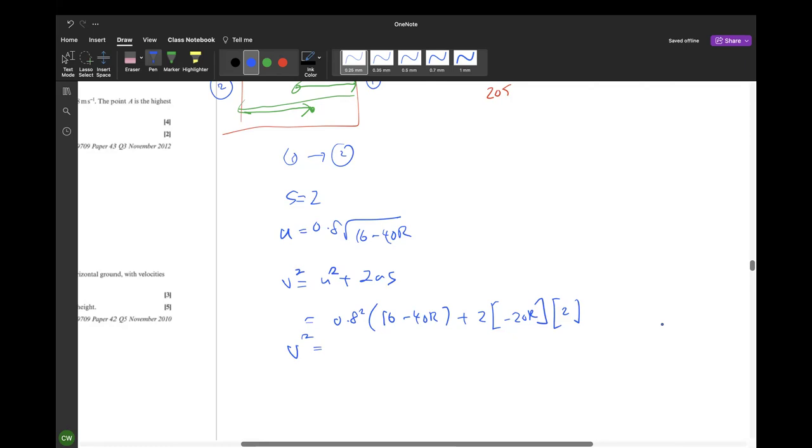Okay, what is the value of this? 0.8 squared times 16, 10.24, minus 0.8 squared times 40 minus 80.